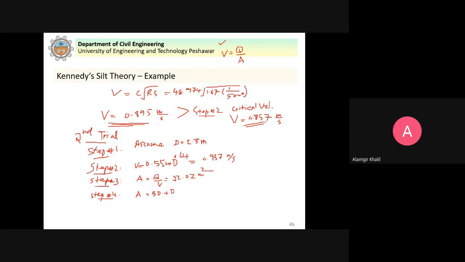The only unknown is the bottom width, so we can calculate it from this equation, just plug the values. So this comes out to be 12.77 meter.